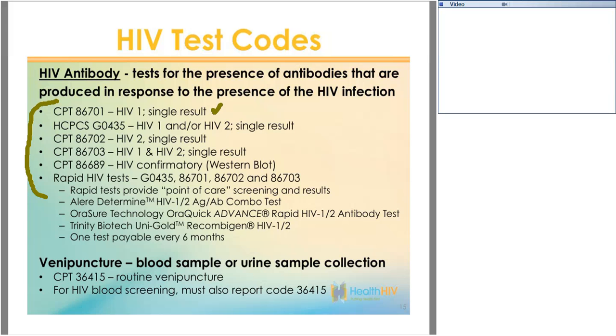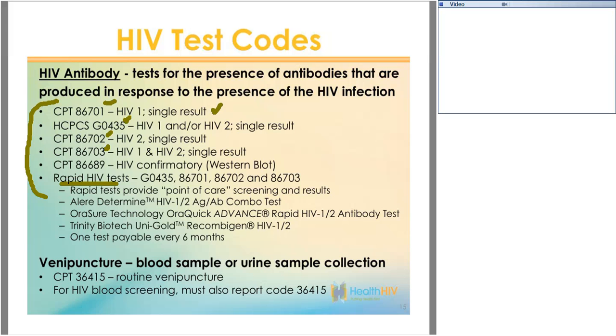The 86701, the 702, and the 703, along with the G0435, these are all designated as rapid screen tests. So if you're performing rapid HIV point-of-care testing in your facilities, depending on the type of test, would determine which one of the codes you would report for the rapid test.